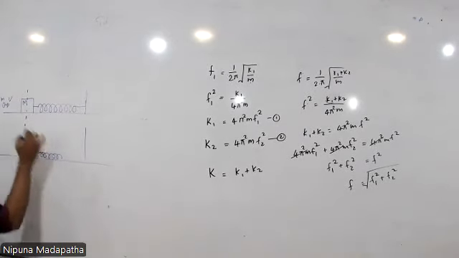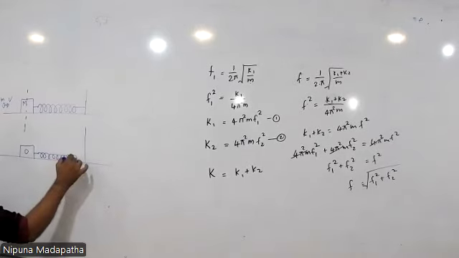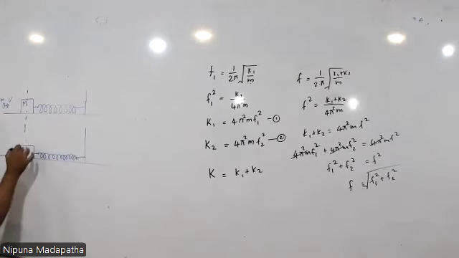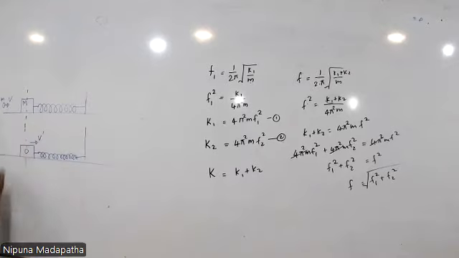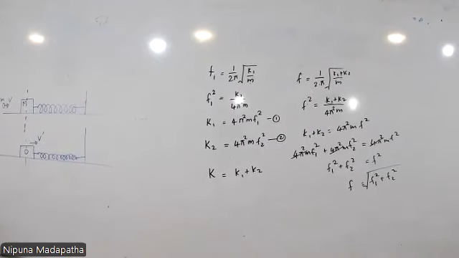Since initially the bullet has kinetic energy, the system has kinetic energy. Therefore, the bullet and block move together with a speed of v dash. How do you get that speed? Which theory are you going to use here? Conservation of linear momentum.